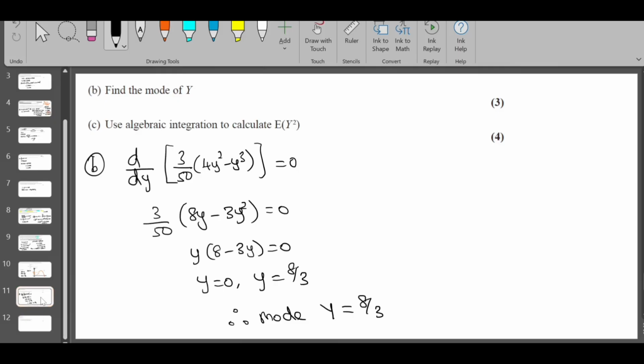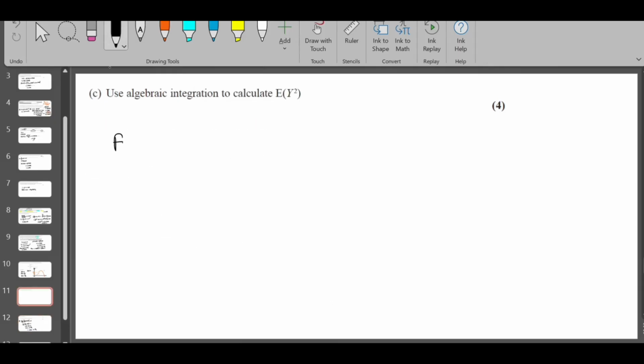Part C, find E of y square. Let's calculate E of y square now. To find E of y square, we have to integrate the function, y square f of y dy. That's a rule, right?